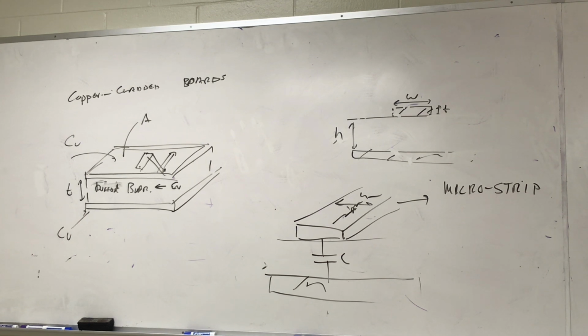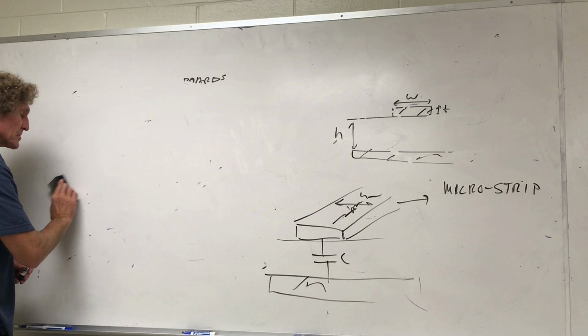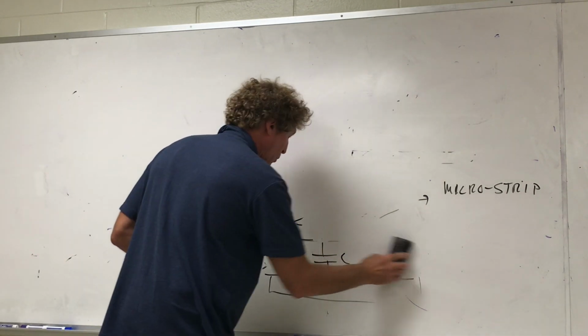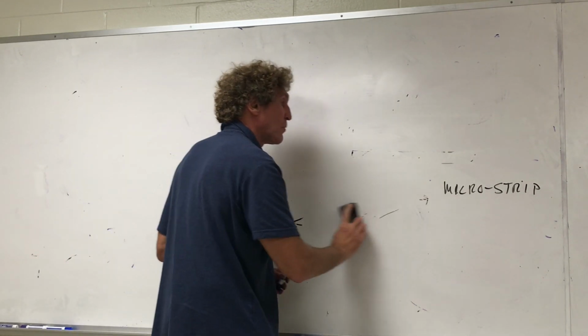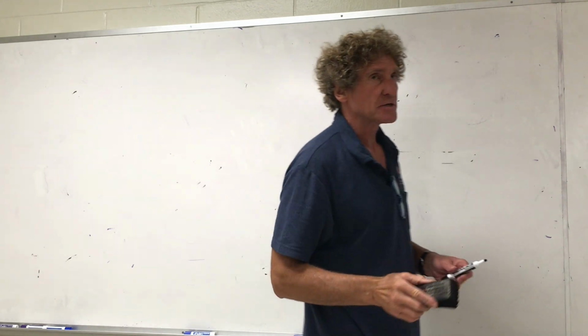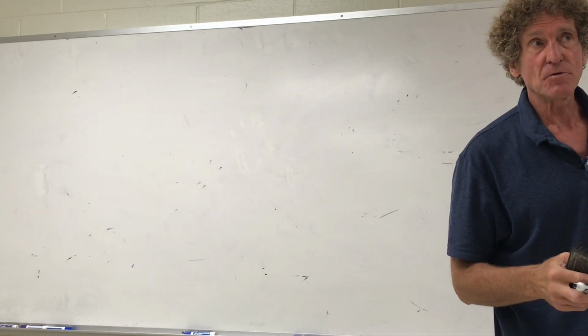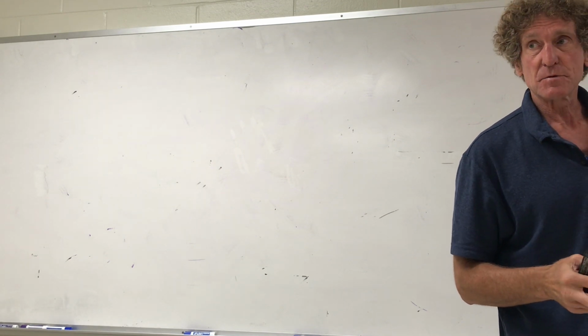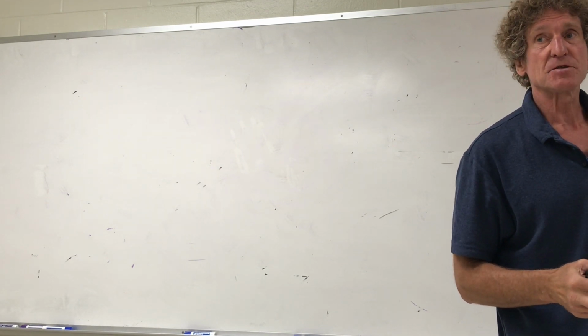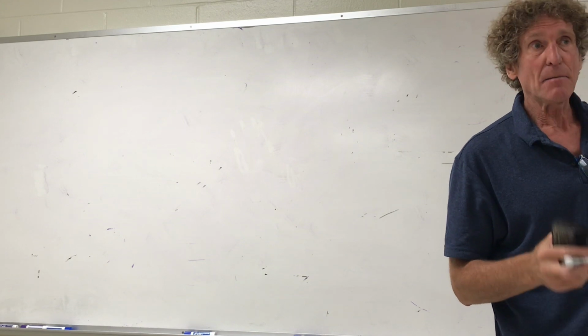Now I want to get into the real part that we need to, and that is, how do you do matching when you have microwave circuitry on Duroid boards? And I'll tell you why this particular technique is so important. Before, if you wanted to do matching, a lot of times we put either shunt stubs or series stubs. Well, a stub is long.